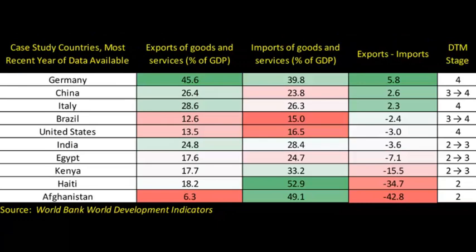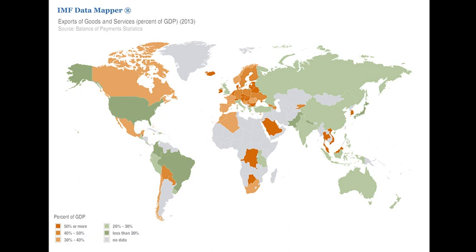Moral of the story here is countries that manufacture stuff or make stuff are obviously going to be more likely to export stuff, whereas people in countries that don't manufacture anything, for example, Afghanistan, Haiti, Kenya, not a lot of manufacturing there, and so they have to import a lot of products, or import a lot of goods and services from other particular countries.